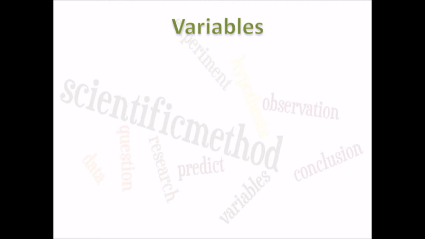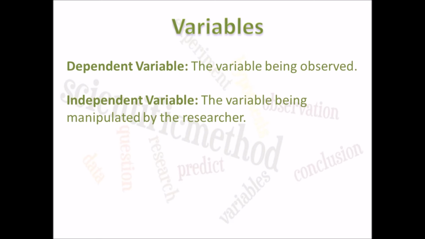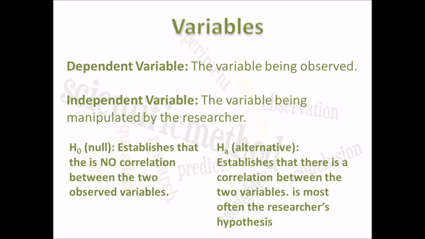So in your experiment, you're going to have variables. Your dependent variable is what you're trying to make a statement about. It's what you're focused on. Your independent variable will be used to manipulate the experimental design so that you can make some kind of statement about your dependent variable. So going back to your null and alternative hypotheses, the null hypothesis would say that whatever changes are made to the independent variable, the dependent variable does not respond to these changes.